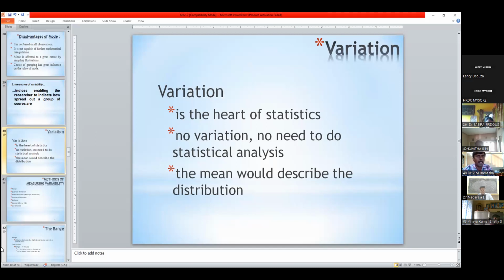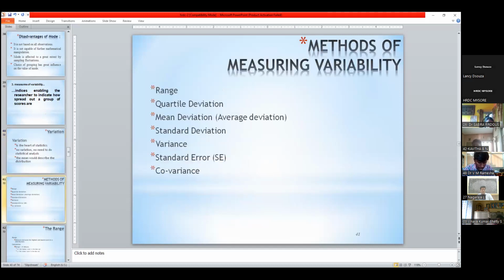Only the mean would describe the distribution. But you will have some kind of variation. So that's where you have to be very careful about the extent of variability of your data when you subject it to analysis. So what are the different methods of measuring variability?